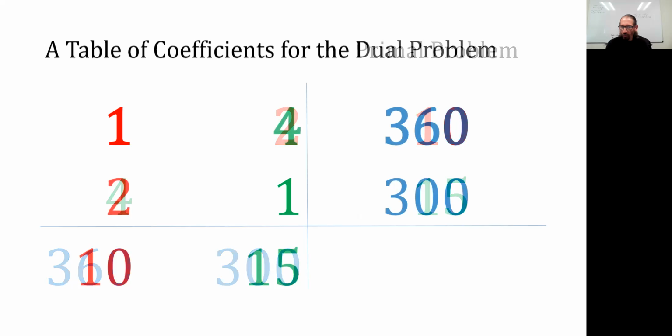What I'm showing here is what we saw happen to the numbers when I said to compare it to the standard maximization problem. Now we would see 10 and 15 in an objective function that were to maximize, and then regular constraints besides non-negativity of something times 1 plus something else times 4 less than or equal to 360, and similarly for a second regular constraint.